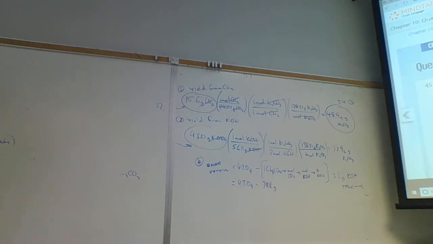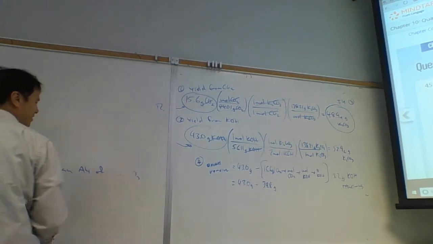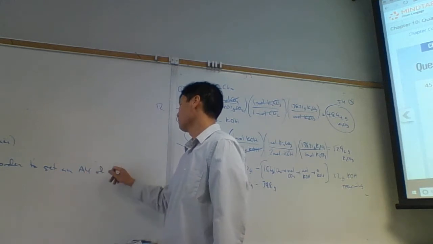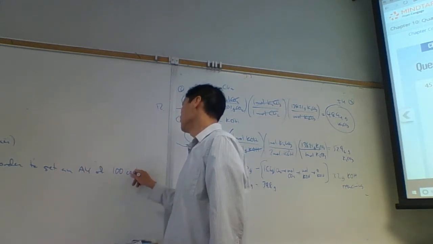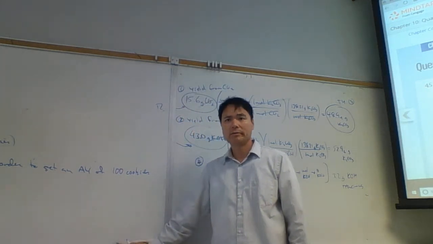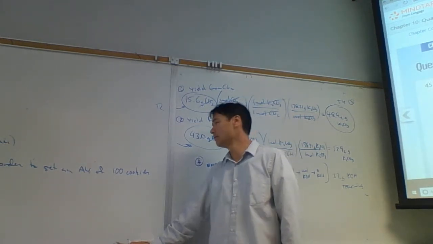Plan to make is, let's say, theoretical yield, in order to get an actual yield of 100 cookies. So in theory, how many cookies do we have to prepare to make? Right, 106. We'd have to make 106.